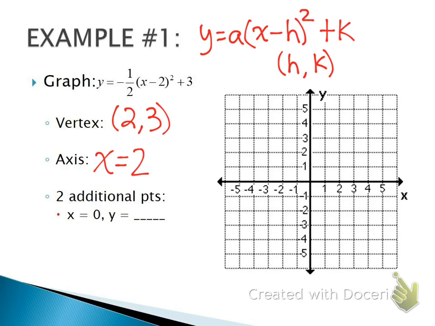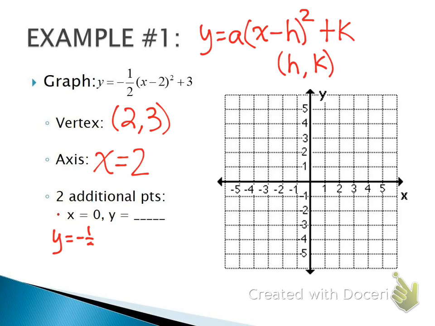All right, we are asked for 2 additional points. The first point they want to know is if x is equal to 0, what does y come out to be? So they're telling us they want that to be one of our points. So x equals 0.